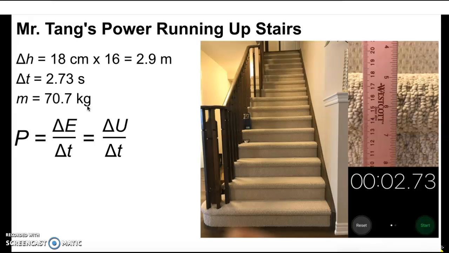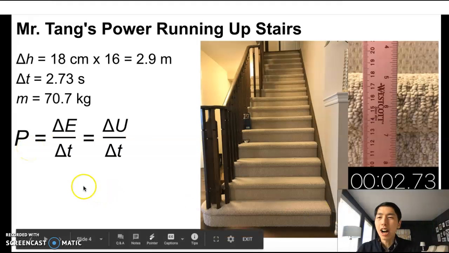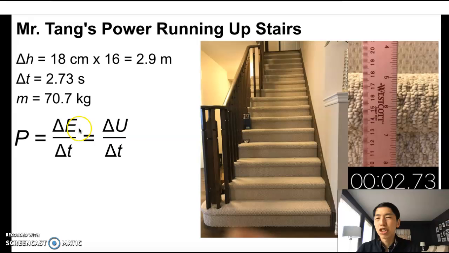So to calculate my power running up the stairs, since I'm climbing stairs, I'm getting higher. That means I'm changing my gravitational potential energy. So I did power equals my change of energy divided by the time. But more specifically, it's my change in gravitational potential energy divided by time.